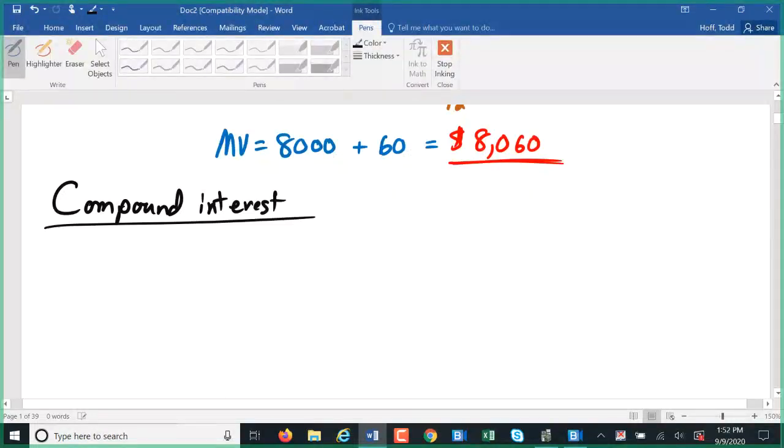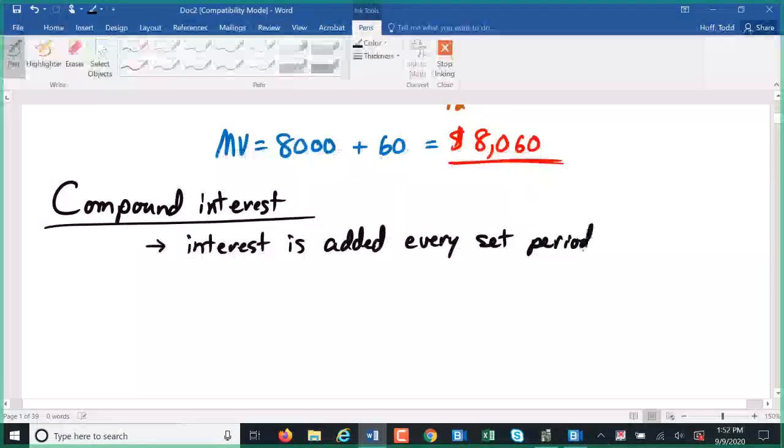In compound interest, interest is calculated and added every set period. Whether that set period is every month, every quarter, every year, it is every set period of some sort.